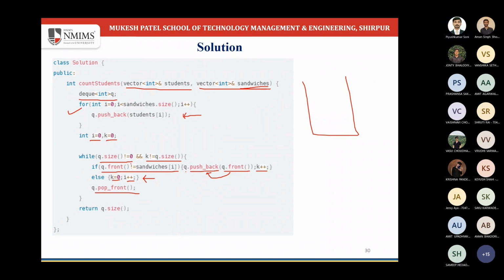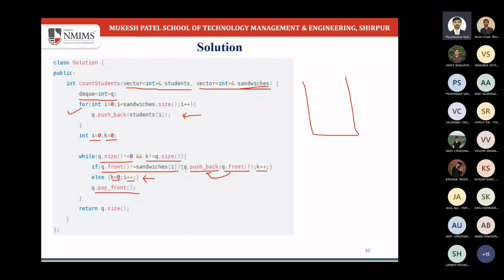If all the students are satisfied, the queue size will become 0 and we will return 0 as the number of students who will remain hungry.